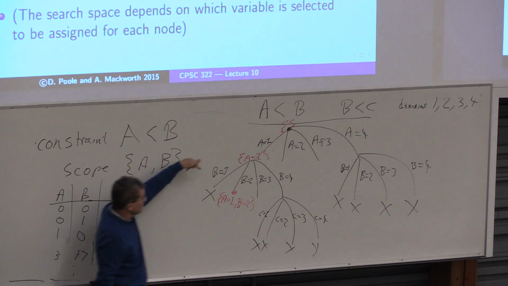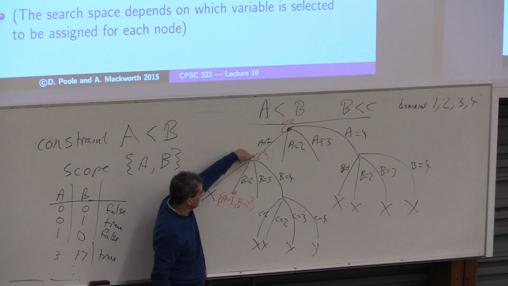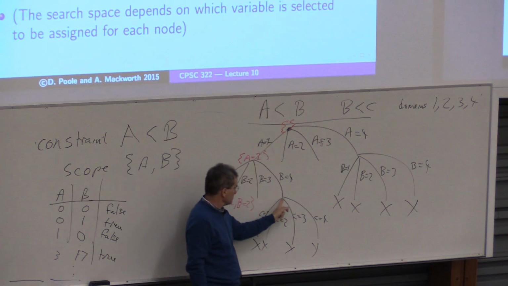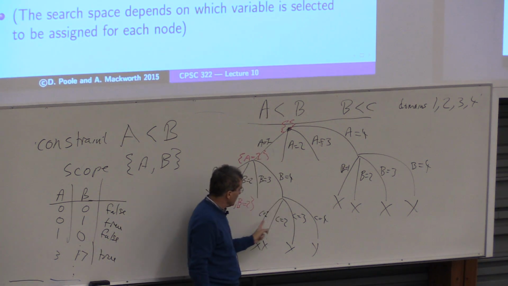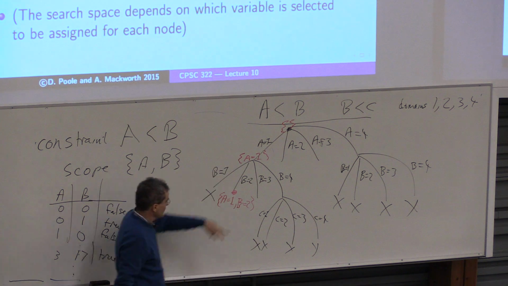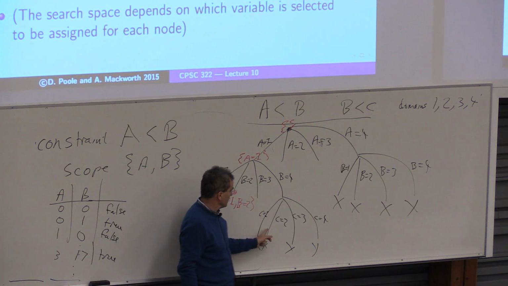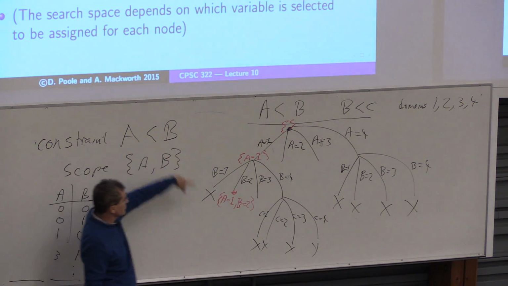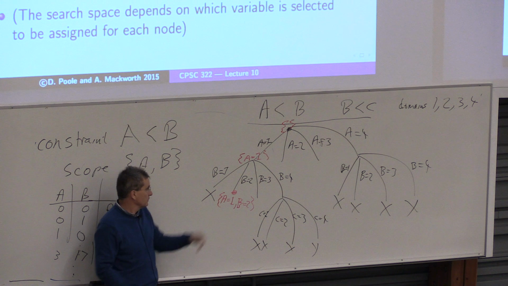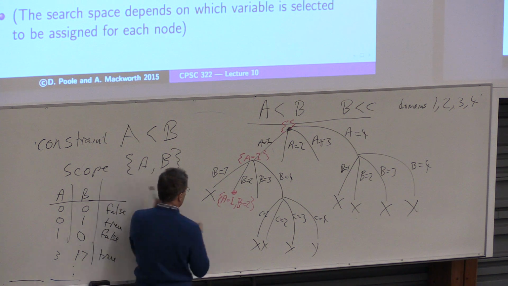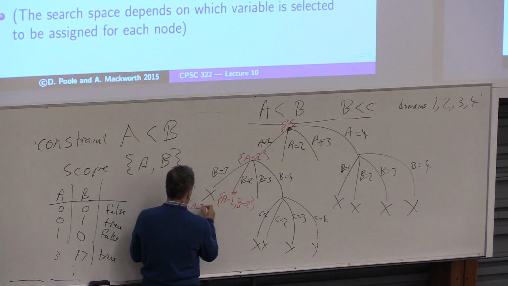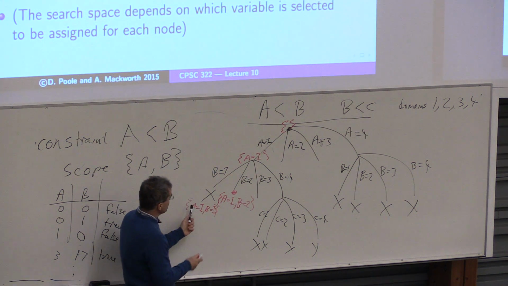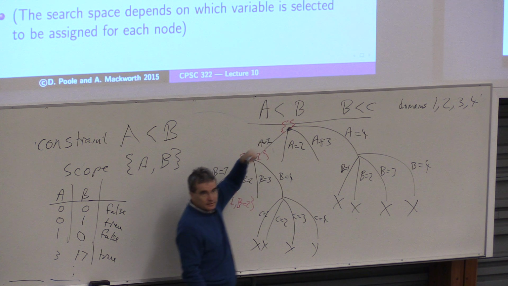For here, we're going to select a variable that hasn't been assigned, which is c, and for every value here, we're going to assign a value. And all we're going to do is evaluate the constraints as soon as we can. Right, so a is 1 and b is 1 here. Once we've assigned a and b, we can check this constraint.